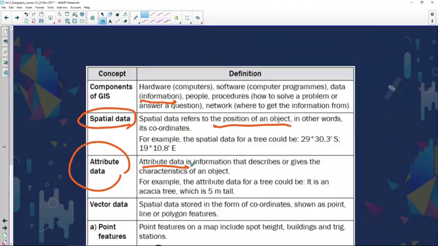The attribute data is information that describes or gives the characteristics of the object. Now, what is the object? The object is the school that was found at that exact location. And the attribute data is information regarding the school. For instance, how many teachers are there, how many learners are there, what's the school fees.